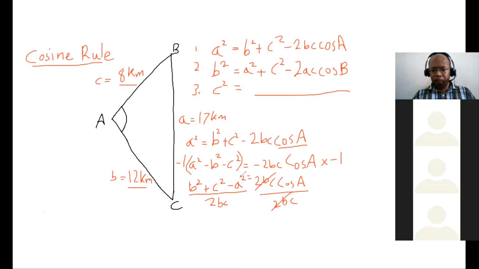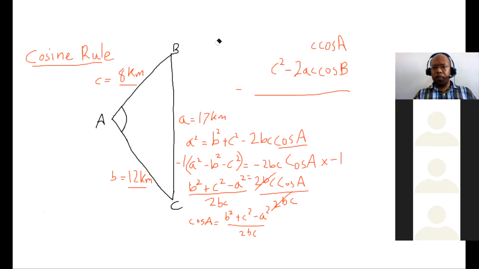So if this entire fraction is equal to cosine A, therefore cosine A is equal to B squared plus C squared minus A squared over 2bc. Okay? And now I have my formula that I can solve with.